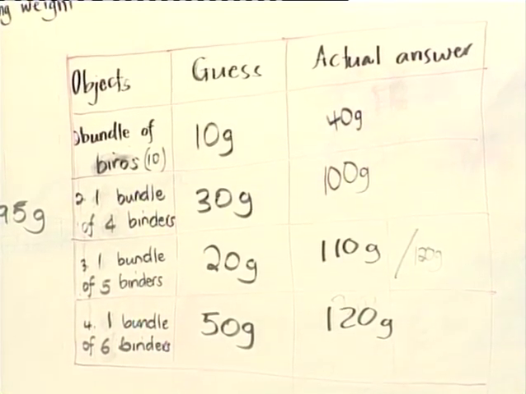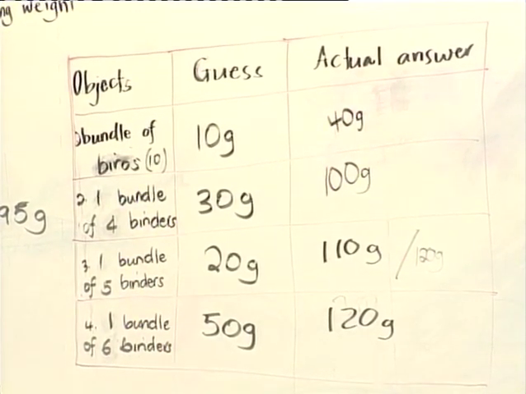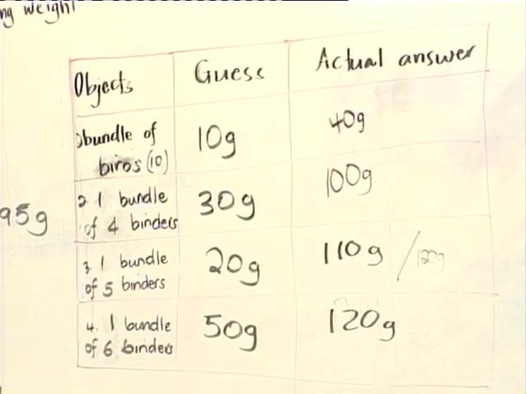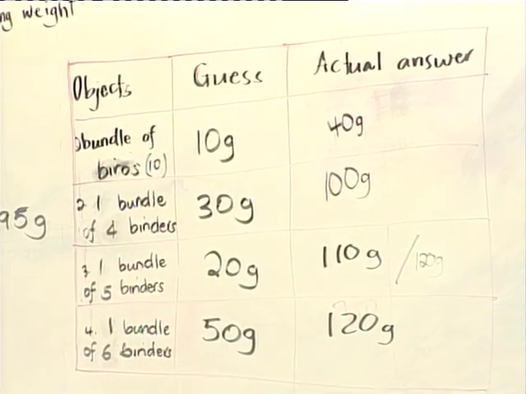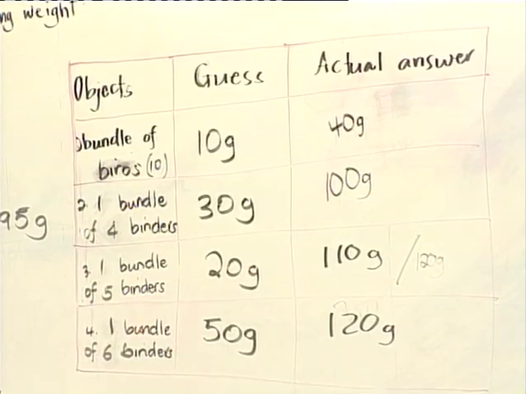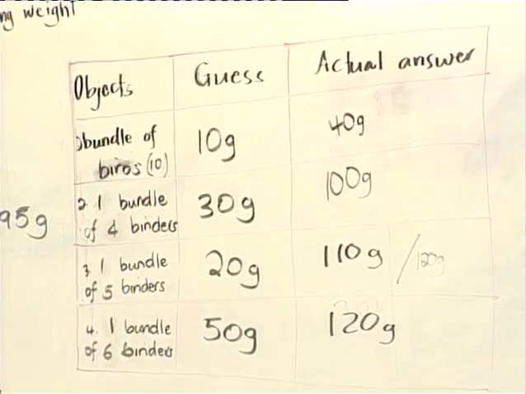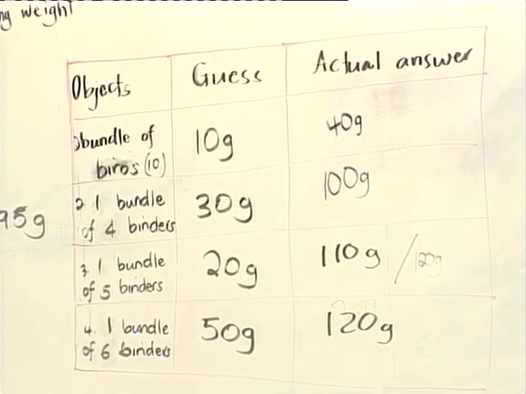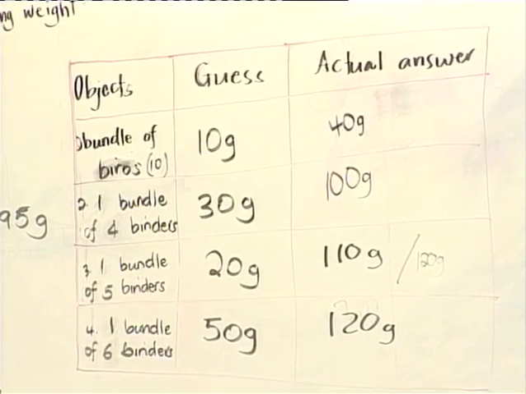All right, Onea's group and group number 4, I'd like you to measure again. Get 5 bundles of binders and you measure to confirm that answer. Quickly.